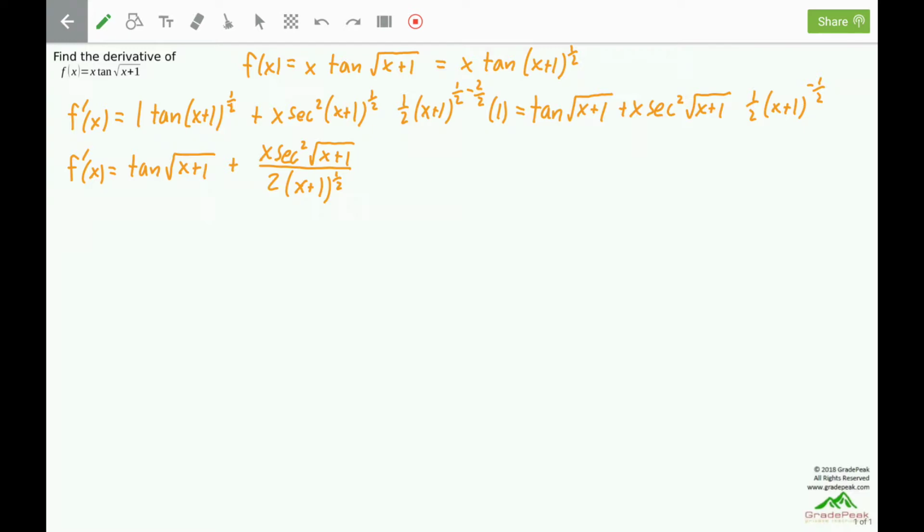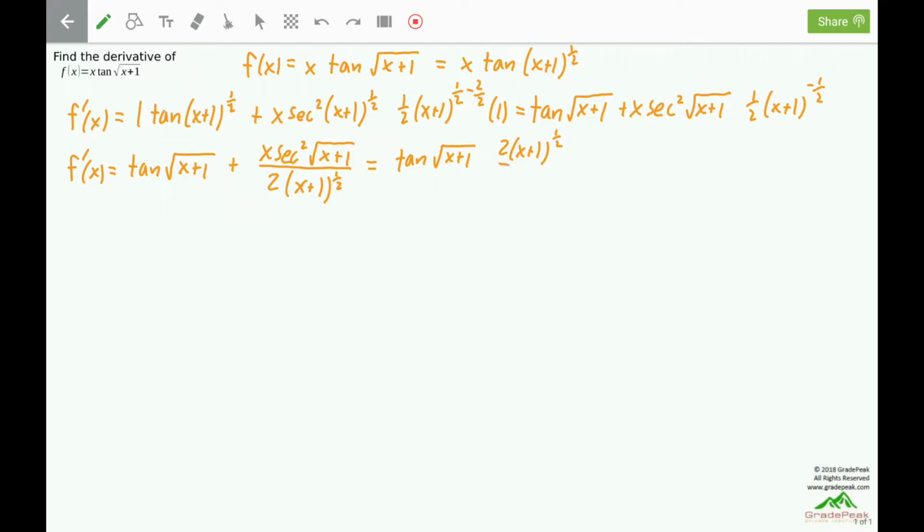Since we have a fraction for the second term that's added to that first term, we're going to need a common denominator. So I'm going to take this first term, tangent of square root of x plus 1. I'm going to multiply it by, notice there's a 2 in the denominator of the second term, so I'm going to need a 2.